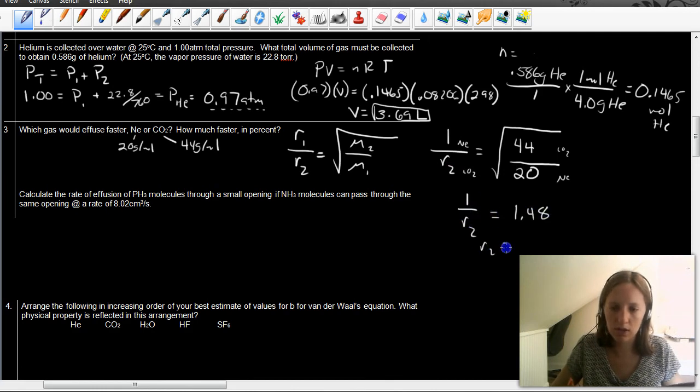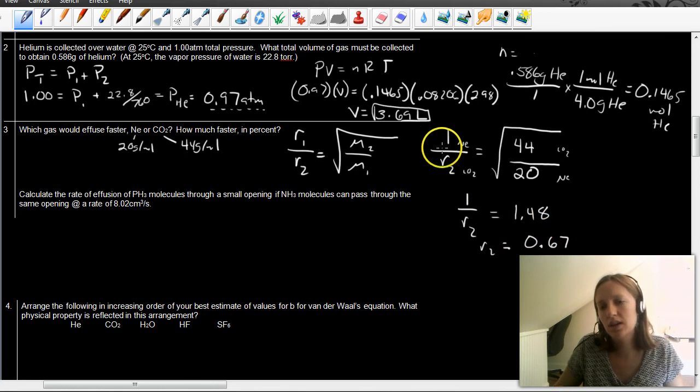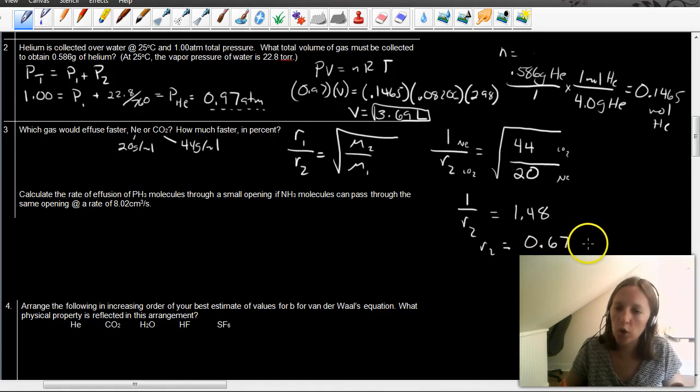So R2 equals 0.67. That means that when neon is going at a rate of 1, carbon dioxide is going at a rate of 0.67. So how much faster is neon going? It's going a third faster, it looks like.